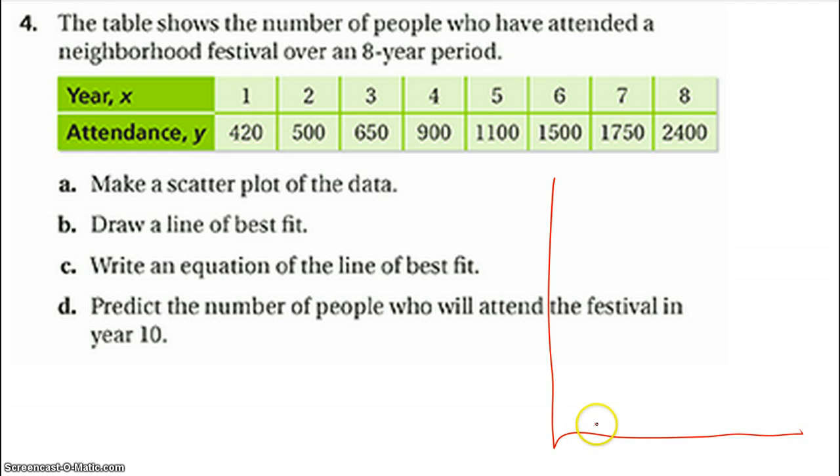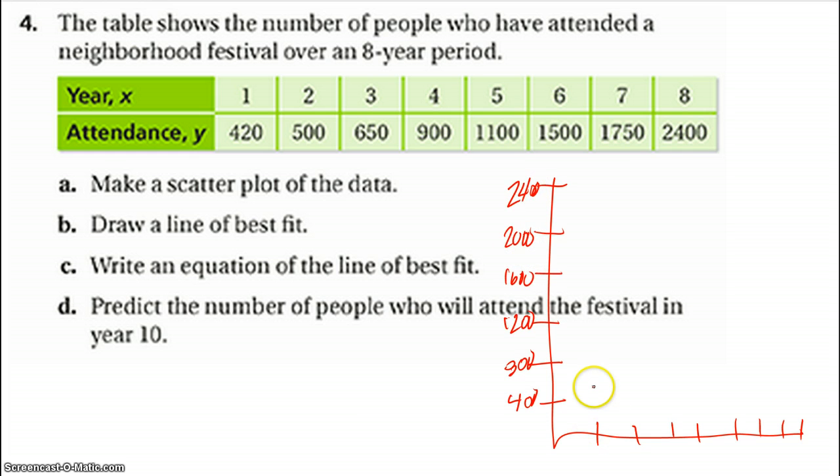So let's see, 1, 2, 3, 4, 5, 6, 7, 8. We're going to go 400, 800, 1200, 1600.